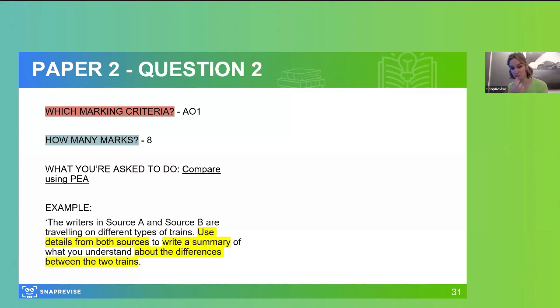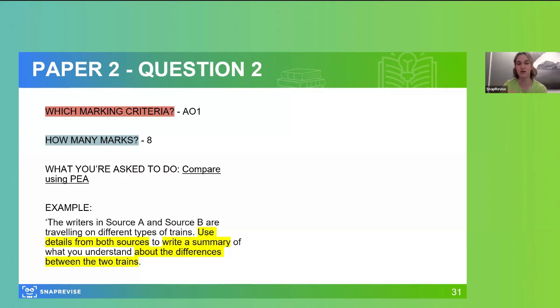So for example, one of the questions might be worded along the lines of: the writers in Source A and B are traveling on different types of trains. Use details from both sources to write a summary of what you understand about the differences between the two trains. If there are four differences, then pick 4.